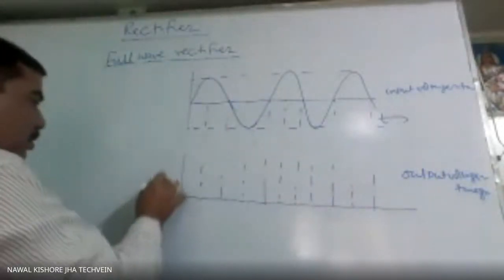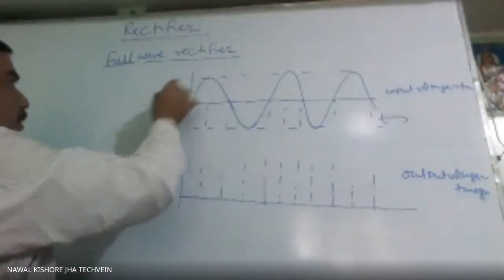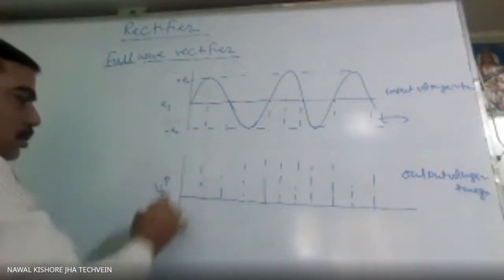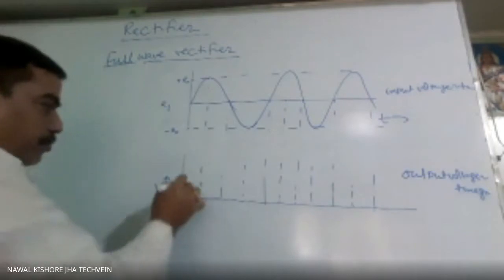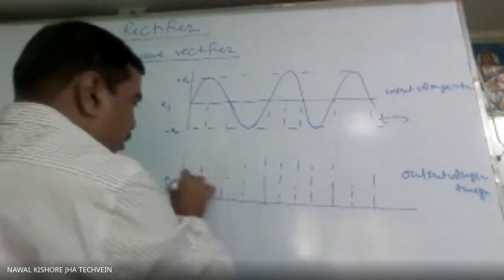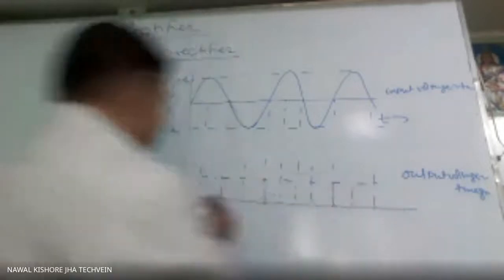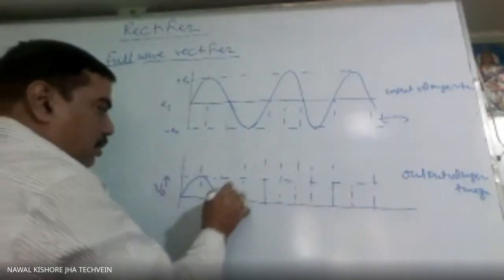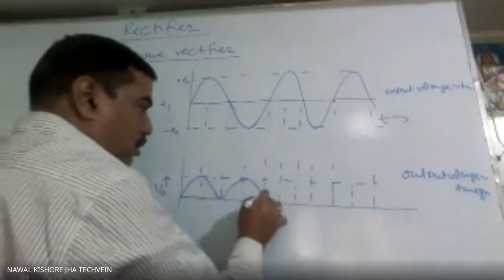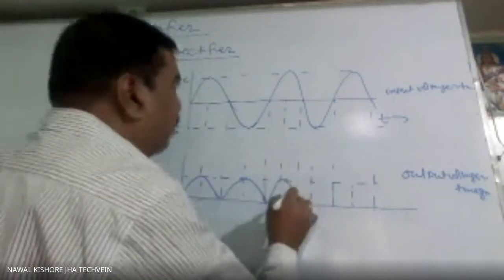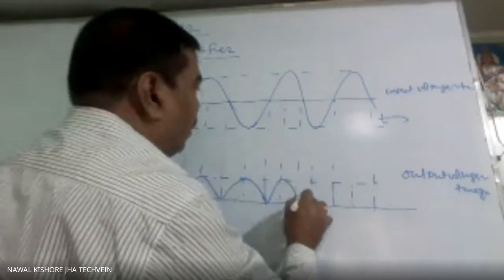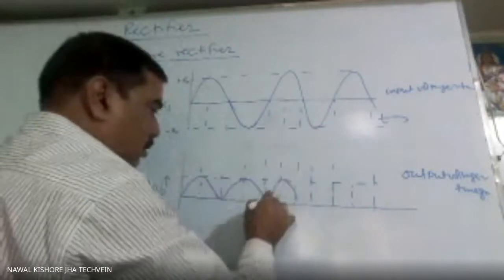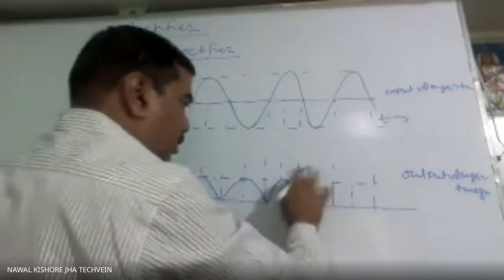So this is output, this is input, plus E naught, minus E naught. This will be whatever voltage you have decided you want to show, okay, no problem. So what will come? This will come like this. So it will be the same distance.